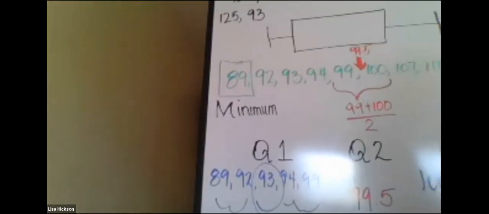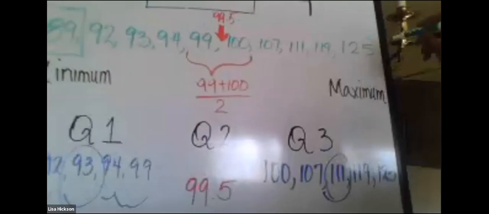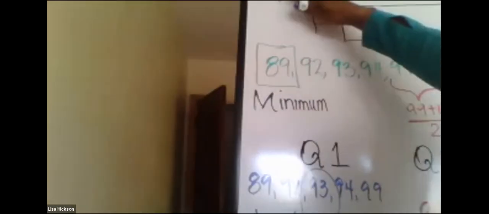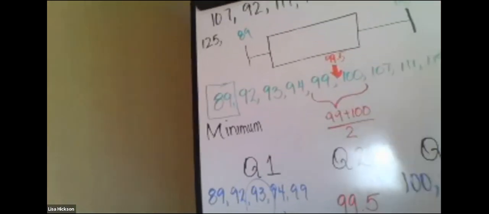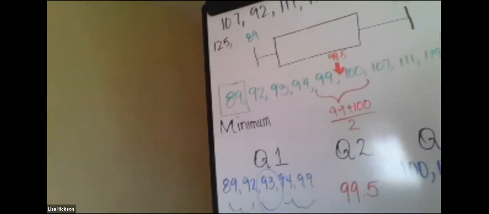Absolutely. So now, ladies and gents, the minimum we found to be 89. The maximum we found to be 125. So those are the first two numbers in our five-number summary.